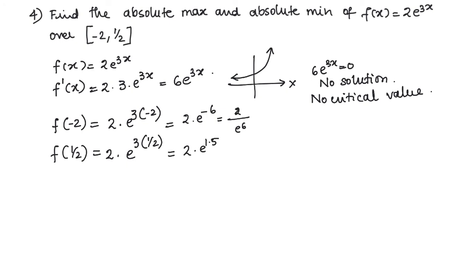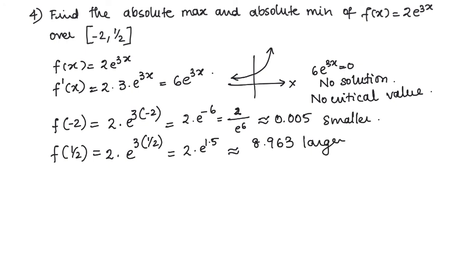Since we are dividing 2 by e power 6, this will be a smaller number, and we are multiplying 2 by e power 1.5, that is close to 8.963. So this is the larger number, this is the smallest.